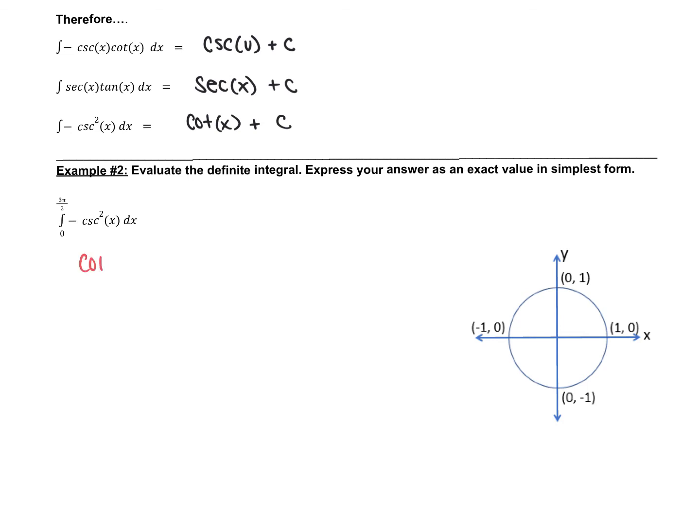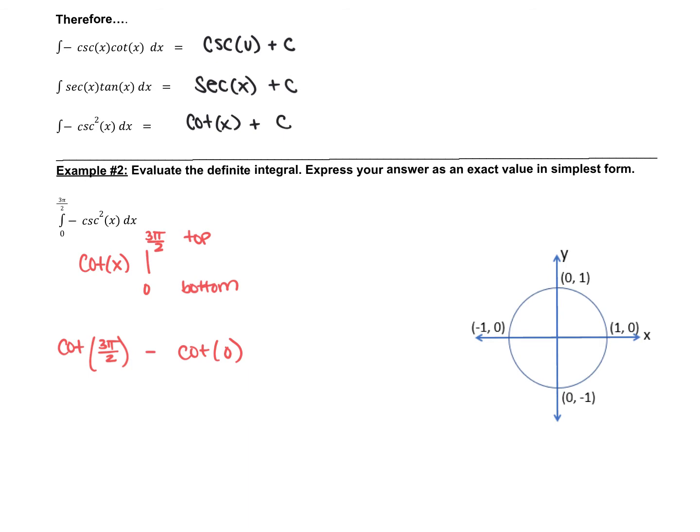So cotangent of x that I want to evaluate from 0 to 3 pi over 2. So I'm plugging in top minus bottom as usual. So cotangent of 3 pi over 2 minus cotangent of 0.